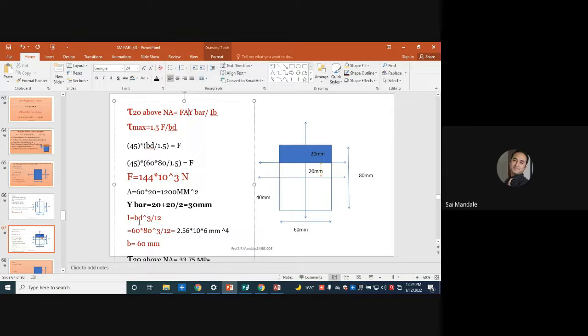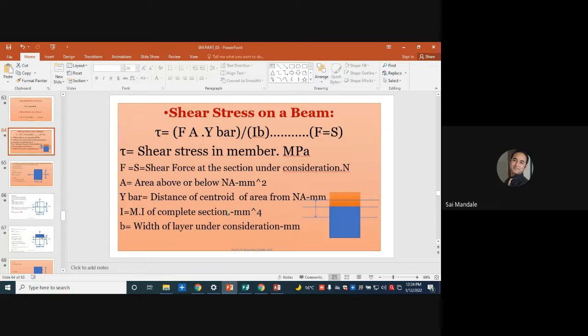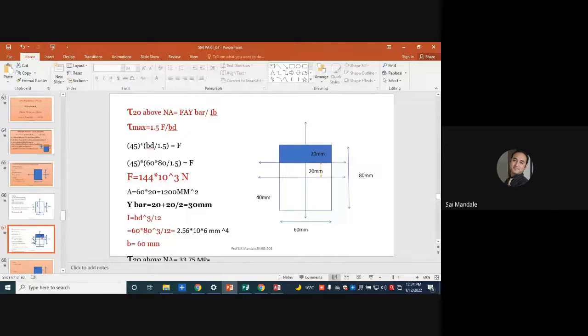I is equal to B D cube by 12, where B is 60 and D is 80. So I is 60 into 80 cube by 12. Then F A Y bar upon I B, where B is 60.